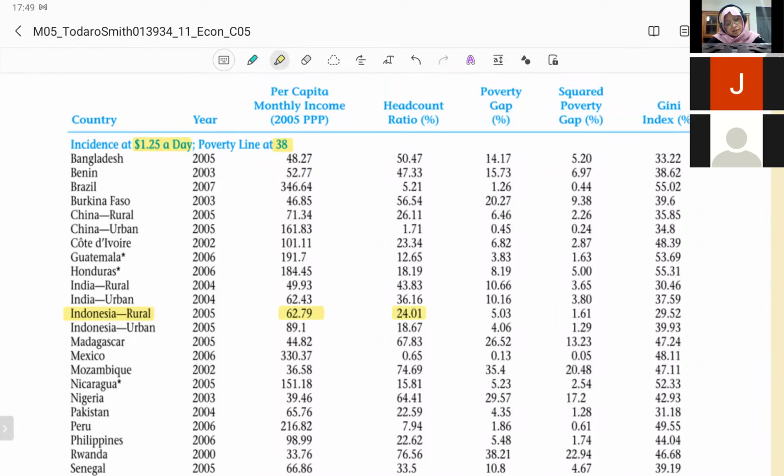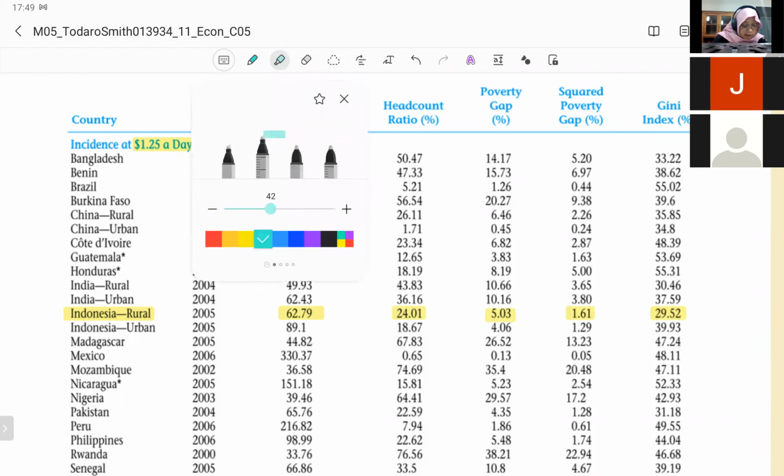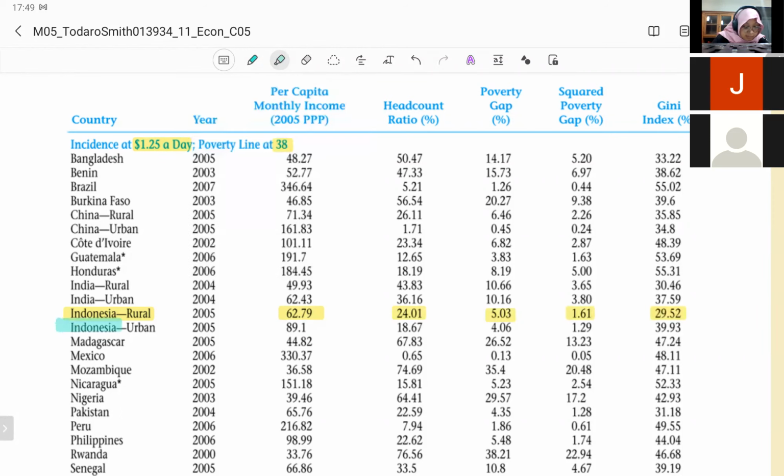24%. So 24% of those who live in the rural area are poor, and the poverty gap is 5%. And the squared poverty gap is 1.61%, and the Gini is almost 30%. Meanwhile, in the urban area in Indonesia, the per capita monthly income is about $89, and the headcount ratio is 18%.